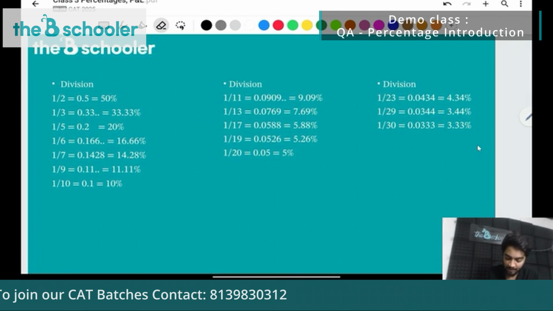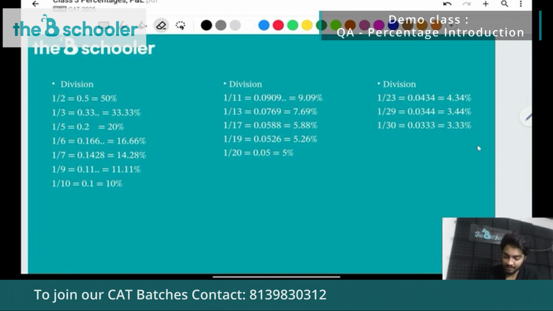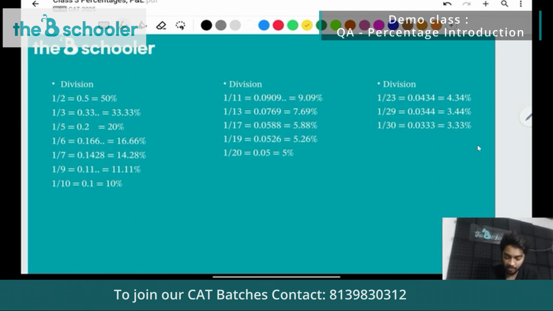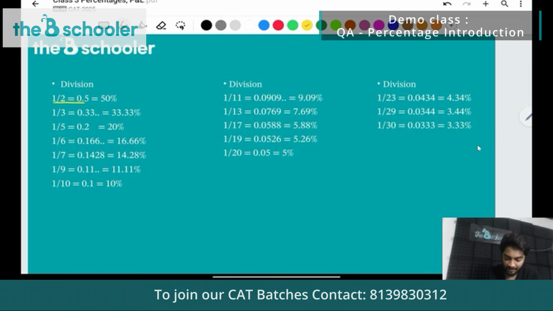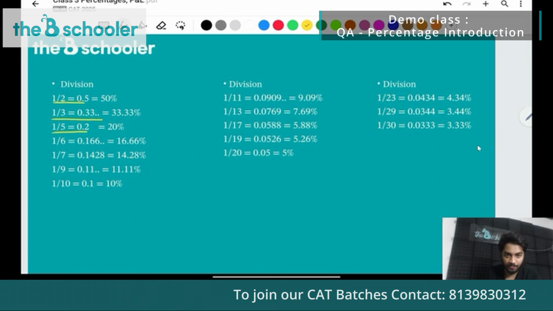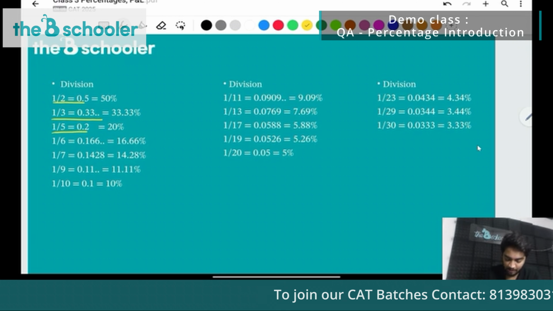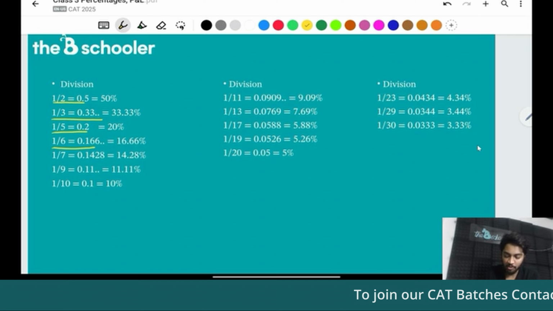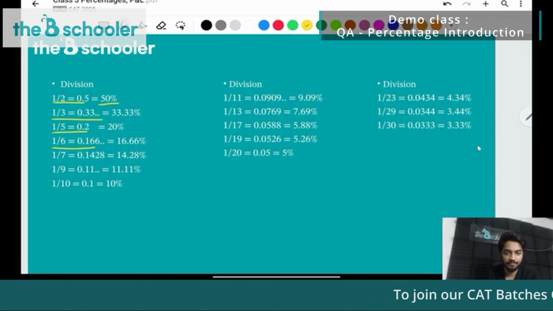I just told everyone that you should be familiar with these reciprocals, that is values of reciprocal. 1 by 2 is 0.5, 1 by 3 is 0.33, 1 by 5 is 0.2, 1 by 6 as said earlier is 0.166. So this same thing, this 0.5 you can also write as 50 percentage.